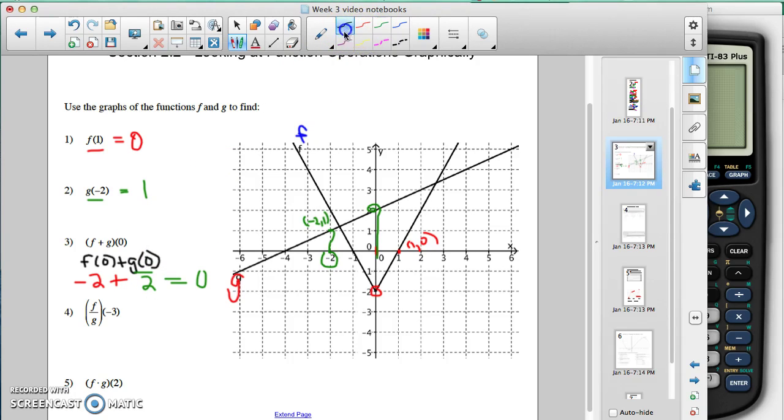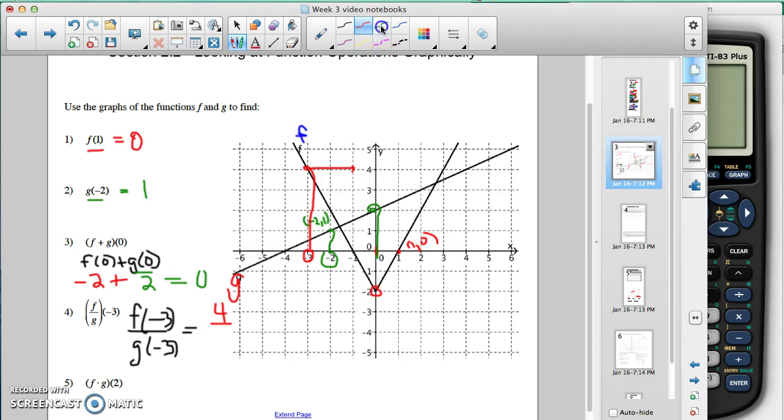Okay, this one we're going to do a division of two graphs. So we're looking at f of -3 divided by g of -3. We're going to be looking at those two functions and finding out their values. So we're looking at the f function here again. We're going to travel down the f function until we get to -3, which is right here. So f of -3 is going to be this value, which is 4. So our numerator is going to be 4.